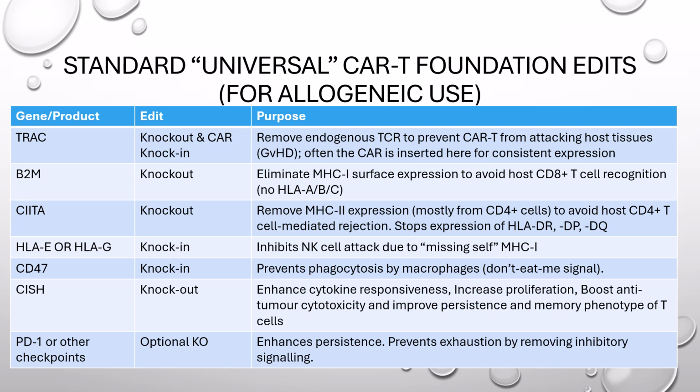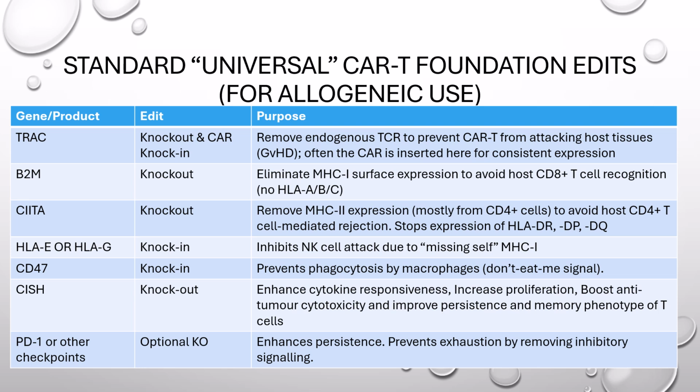So basically, it's critical for T cell proliferation, survival, cytotoxic function, and effector differentiation. So in normal situations, this CISH acts like a brake on your T cell activation. Whenever it's induced, it just causes inactivation.